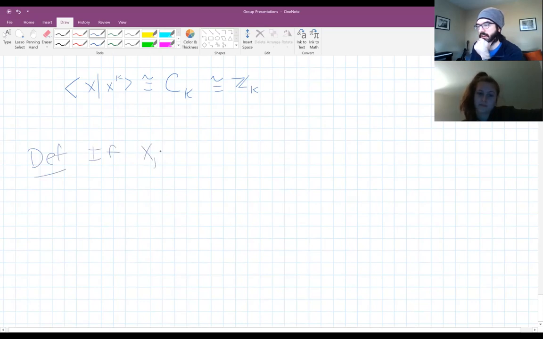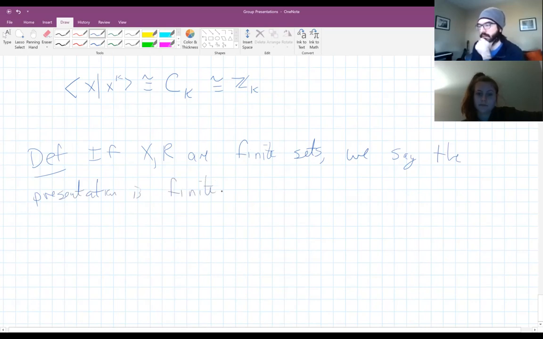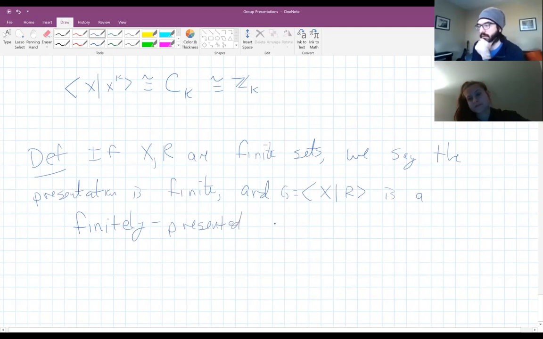If X and R are finite sets, we say the presentation is finite, and the group G, which is given by this, is a finitely presented group.